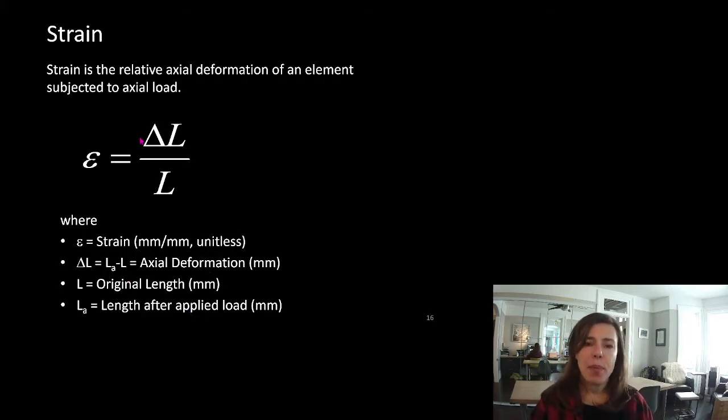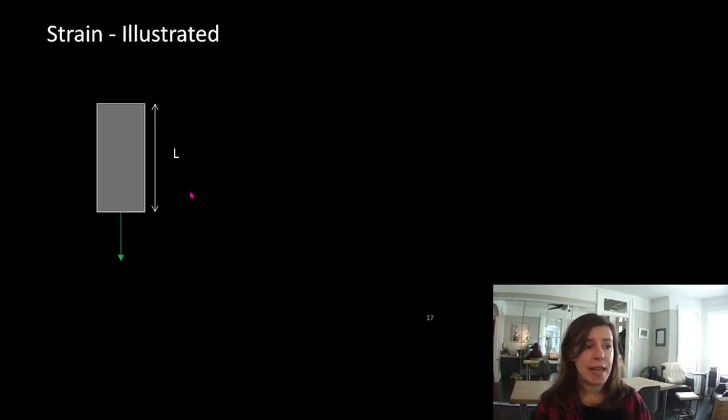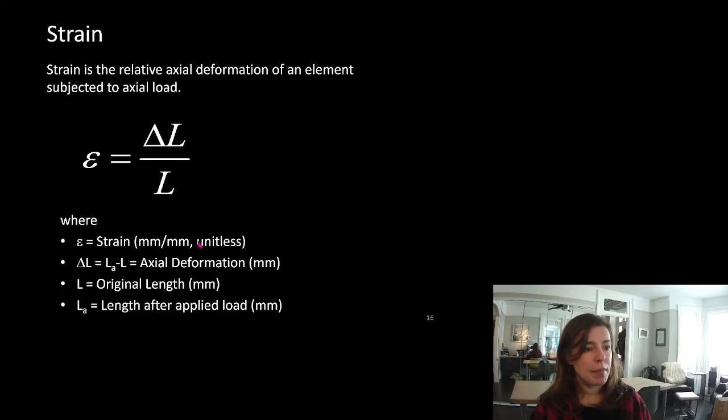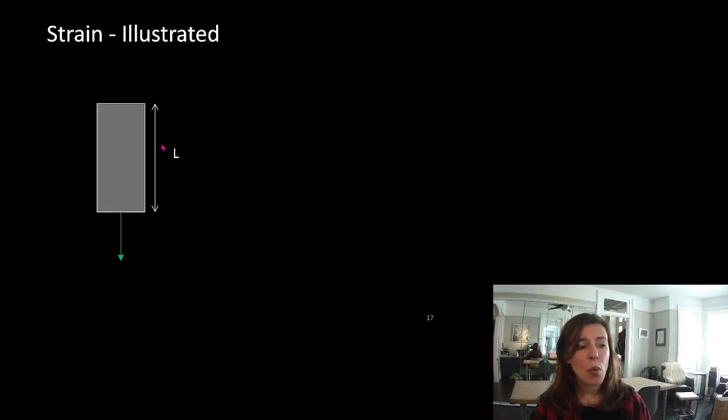This one people have a hard time getting their head around, so I find a visual or an image helps with it. Let's take a look. Here is our original length object. So here's our original length L. Here's our force. We don't care what the force is. It's irrelevant. And it deforms this much.